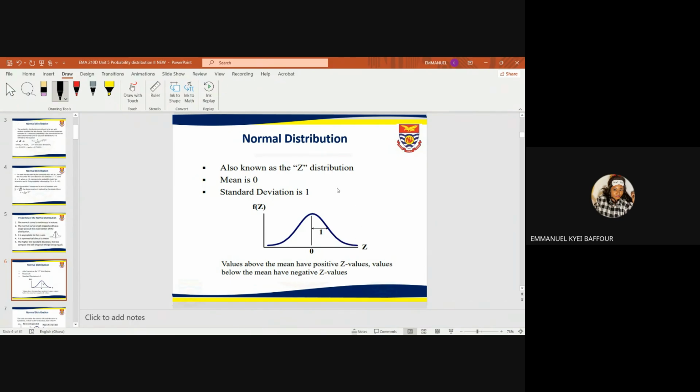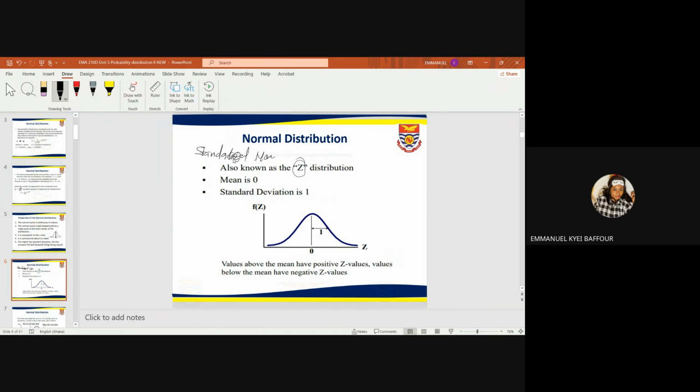So for the normal distribution, which we refer to as the Z distribution, the name comes from standardized Z, or the standardized normal distribution.